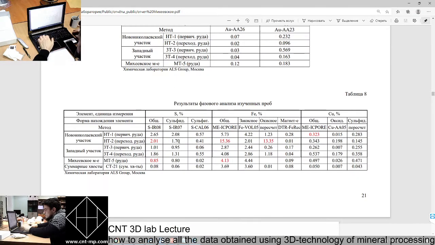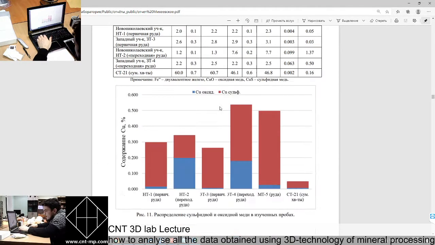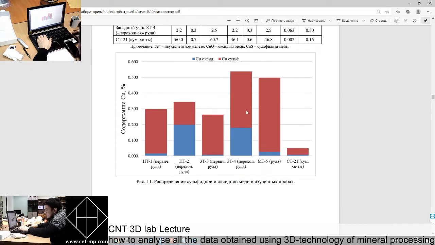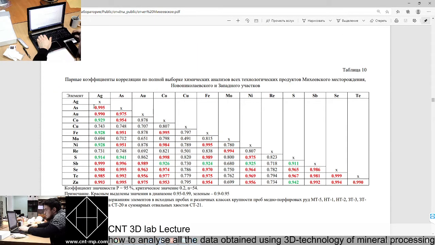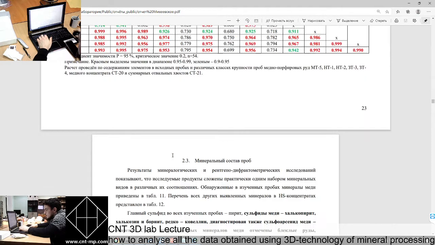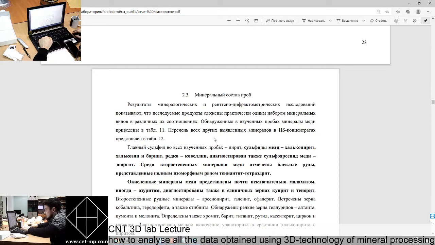You see, we use color to highlight what exactly we would like to show our client. Also the histogram from the presentation, also the correlation table or matrix.